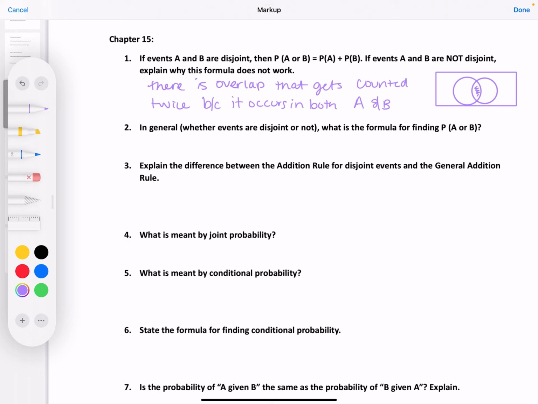It's like P of A union B equals P of A plus P of B. Then what do I have to take off? So minus the probability of A intersect B.